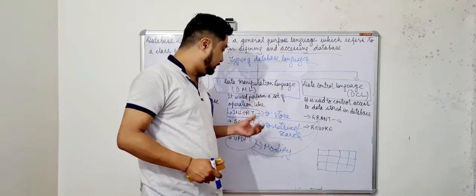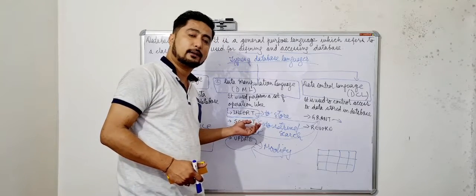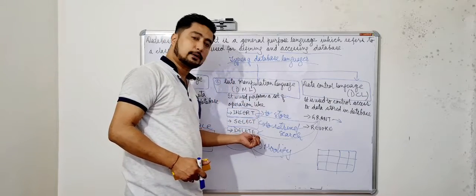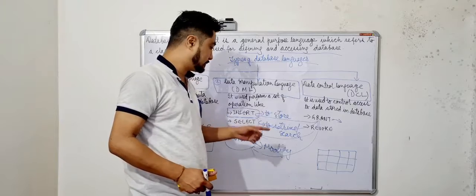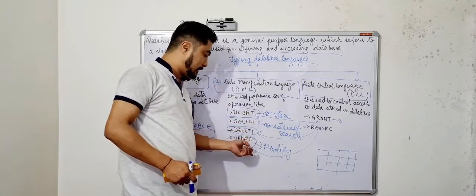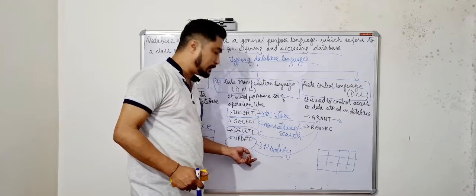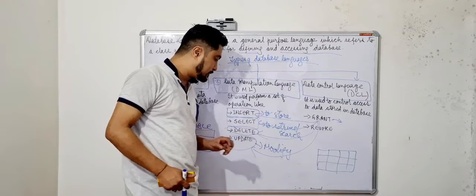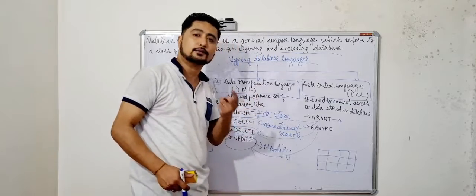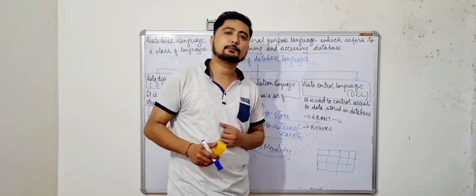If he gives the select permission, then only the user can retrieve the data. If the DBA gives the delete permission, then the user can delete, and the same with update. If the database administrator gives the permission to update the data, then only the user can update that database.